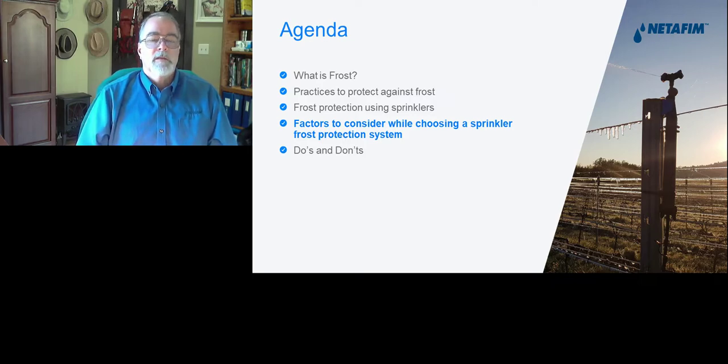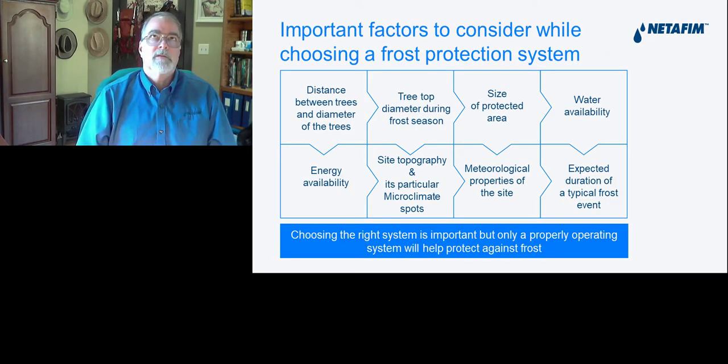So things that we're going to need to consider. This is when you're sitting with your designer or you're asking a consultant, what do I need to think about? So the distance between the trees and the diameter of the trees, of course, the treetop diameter during your frost season. Again, this applies to multiple crops. The size of the area I want to protect.